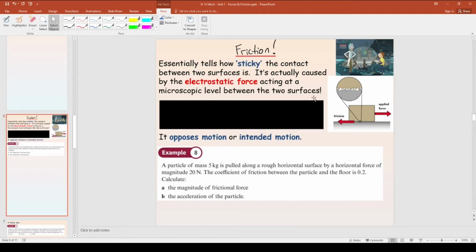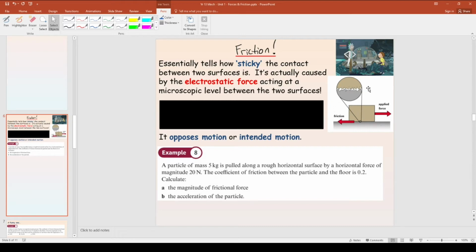Anyway, in case you're interested, because I am, here's a little picture that I found online. It tells you why friction actually works. As much as surfaces, like hard old surfaces like this box and this floor, or your calculator and the desk, look like they're smooth, no surface is actually smooth.